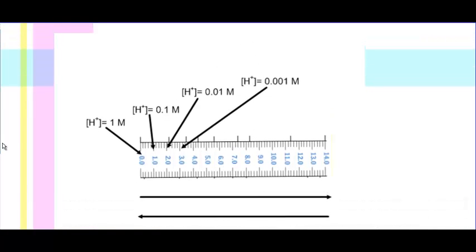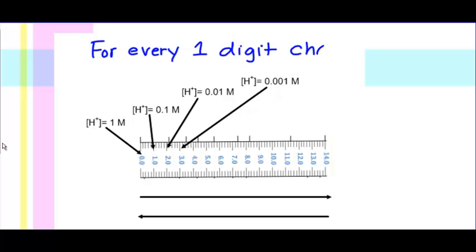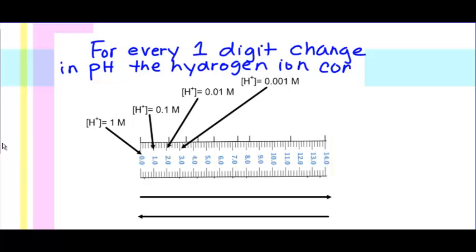And what this diagram is showing is that for every 1 digit change in pH, the hydrogen ion concentration changes tenfold.